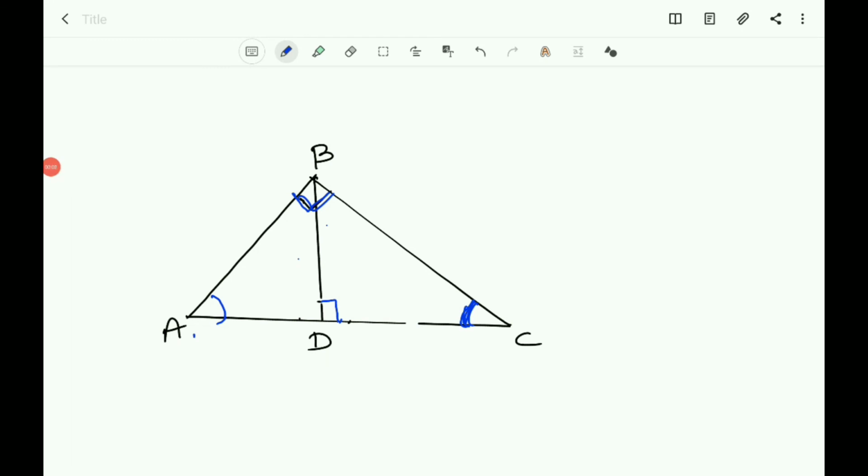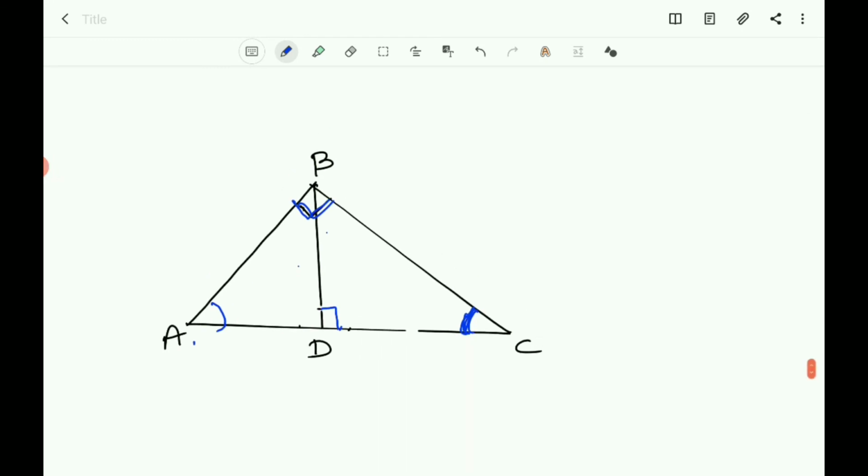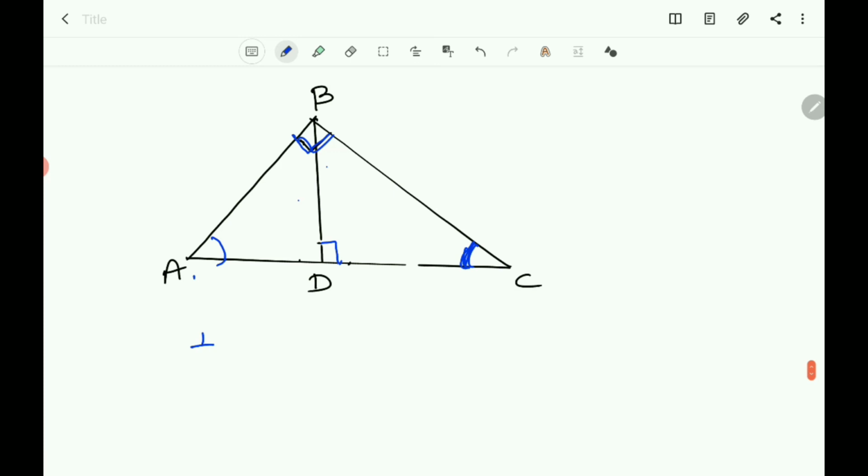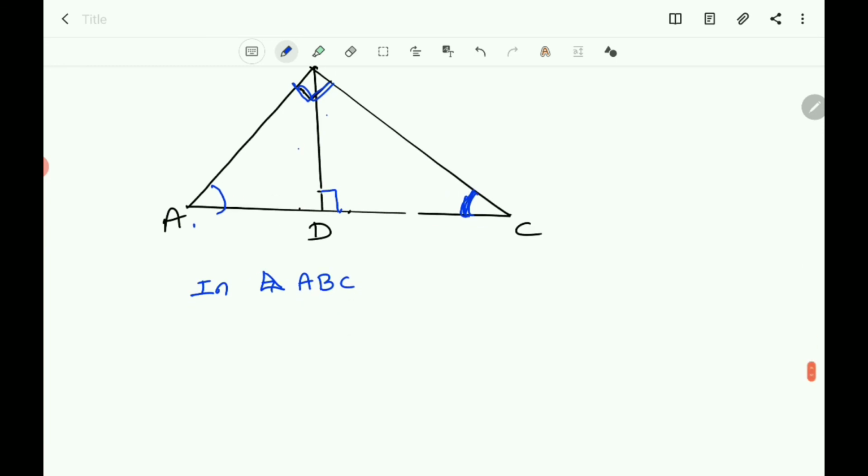Now here you have the right angle triangle ABC. In right angle triangle ABC, BD is perpendicular to AC.